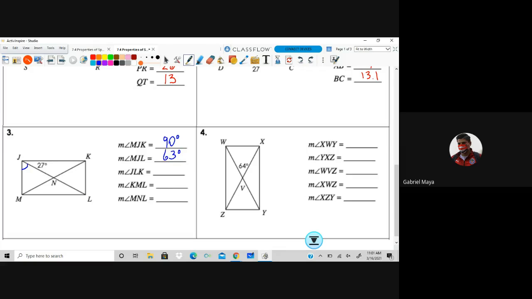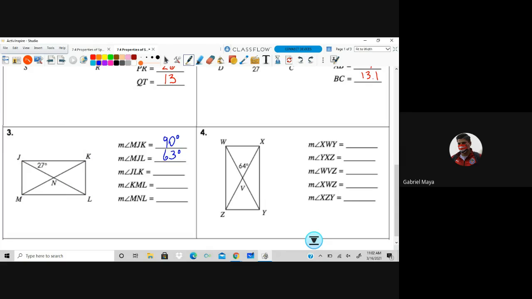Well, you guys remember how with parallelograms you deal with alternate interior angles, because you have opposite sides, which are parallel lines, and then you have this transversal.